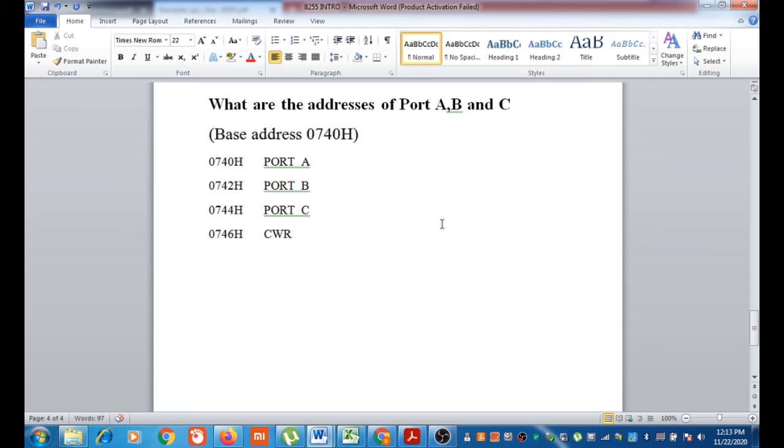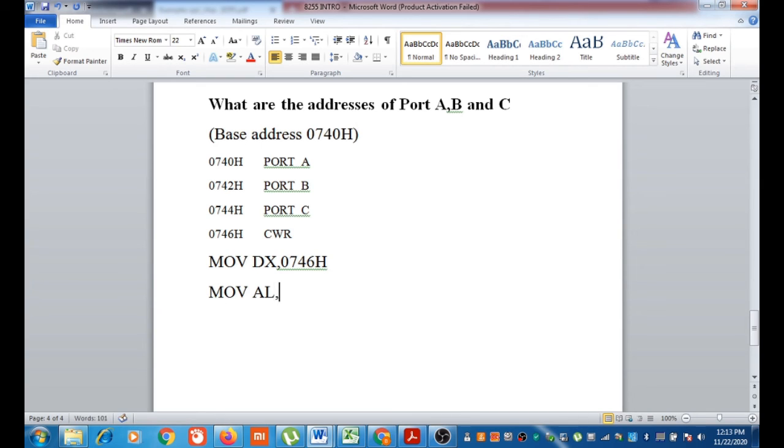Next, let us think about the program. First, we have to initialize 8255 by writing the control word to the control word register. So, move DX comma control word address 0746H. What we should write to this port?